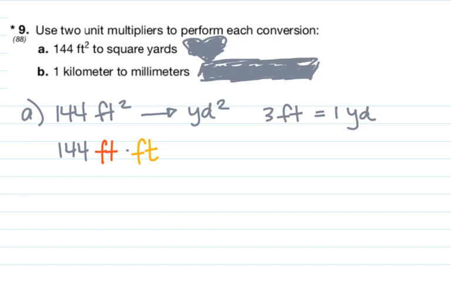Remember that I want to be able to cancel out my feet, so I'm going to put my 3 feet down here and my 1 yard up here. Well, that's only going to cancel out one of these, so I'm going to do another unit multiplier. Same thing, and I'm going to cancel out the other foot.